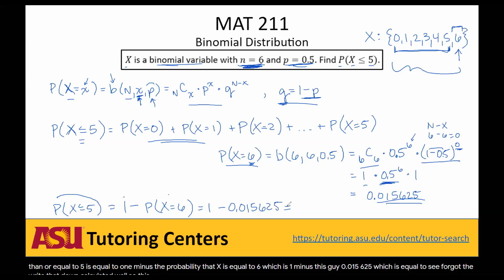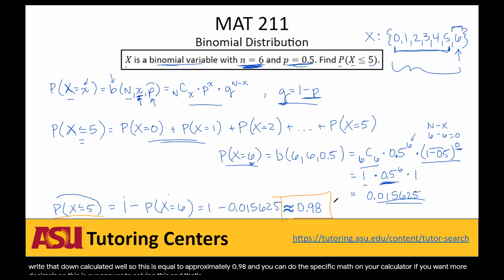Well, so this is equal to approximately 0.98. And you can do the specific math on your calculator if you want more decimals. So this is our answer to solving this, and that's it.